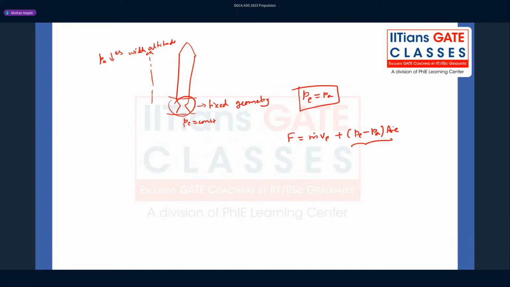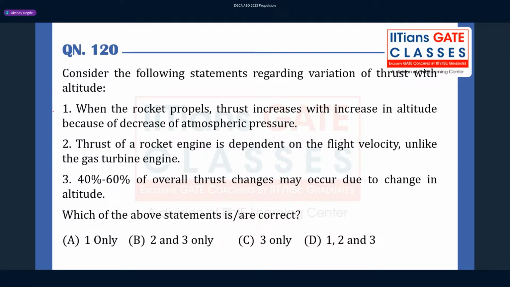So since the altitude increases and this pressure PA decreases, this part PE minus PA will increase. So that means it adds up the thrust as the rocket moves up in the altitude. So definitely as the altitude increases, we can see an increase in thrust in the rocket engines. So the statement 1 is true.